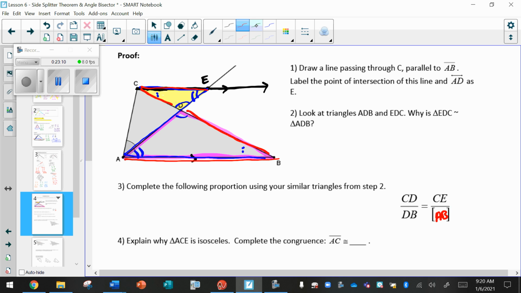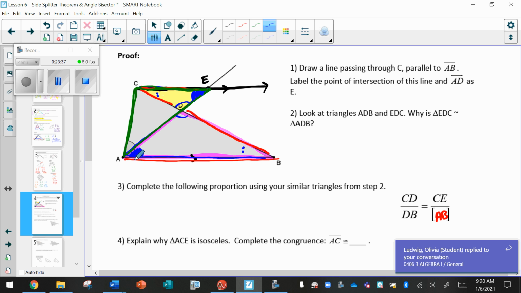Now focusing our attention next on triangle ACE, why is this triangle isosceles? Well, angle CED, this one here, is alternate interior and congruent to angle DAB.